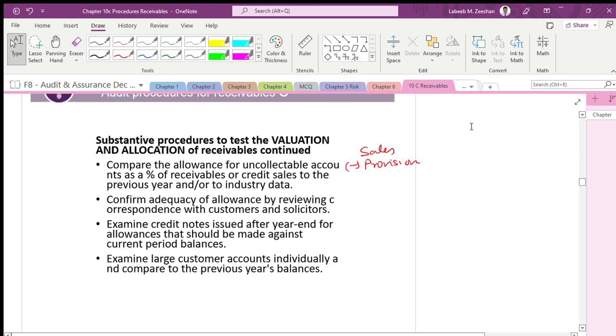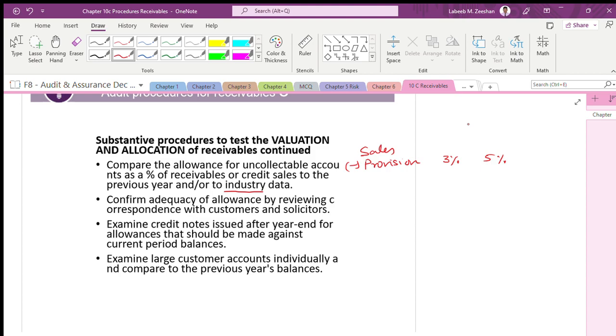We are saying that the provision is increasing from 3% to 5%. Definitely it means you are estimating that there will be a high number of losses compared to the previous year. Not only with that, we have to compare with the industry.